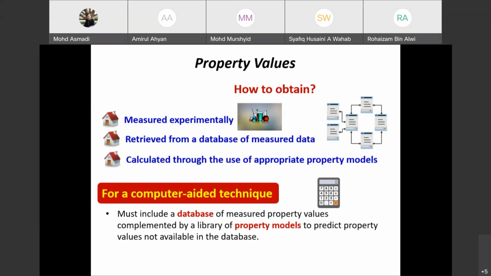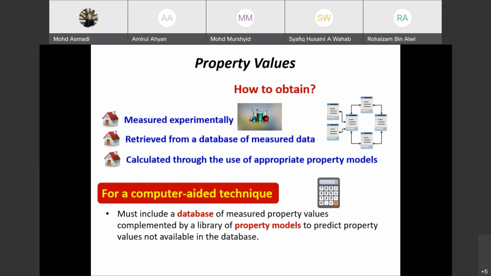Generally we measure experimentally. Sometimes we can get them from a database in software, or we calculate them. For computer aided techniques, we have to include the database to get the property values. We can also get them from a library of property models to predict the property value. This is really important.